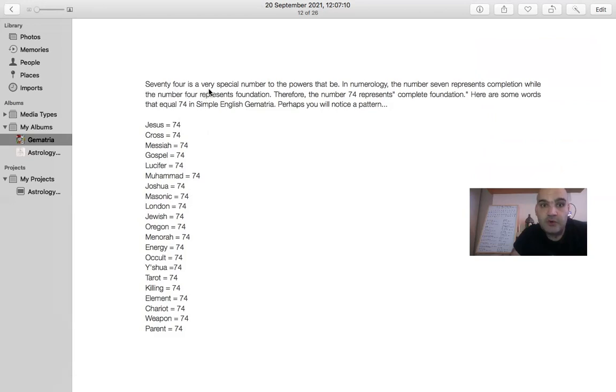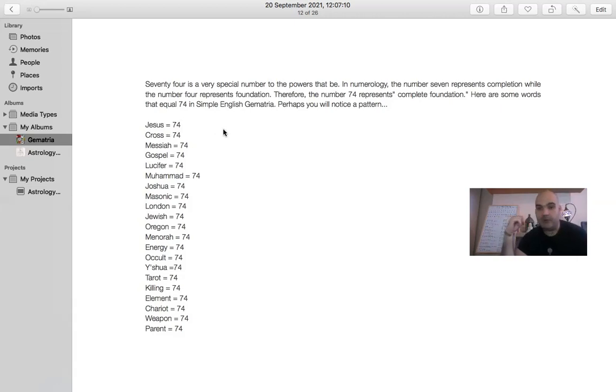Also, 74 is a very special number to the powers that be. In numerology, the number 7 represents completion, while the number 4 represents foundation. Therefore, the number 74 represents complete foundation. Here are some words that equal 74 in simple English gematria. Perhaps you will notice a pattern. So you can see here, all these words, when you add up each letter, they equal 74.